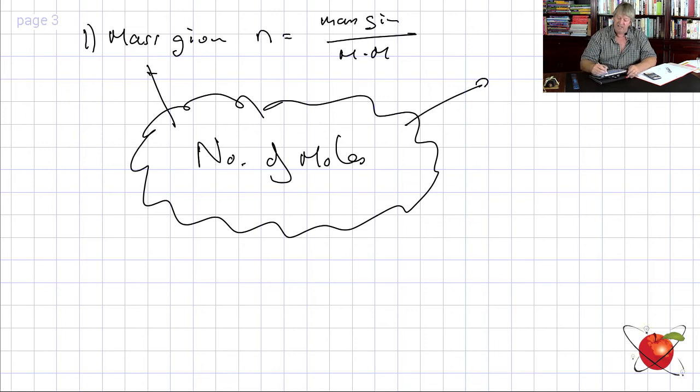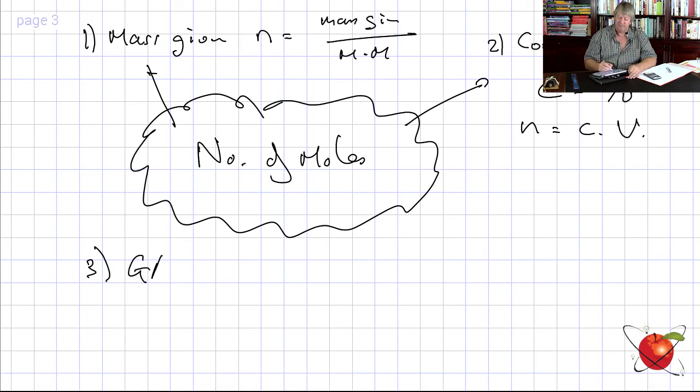The second way is if we've got concentration. Concentration is n over V, number of moles over the volume. Therefore, number of moles is concentration times volume. The third way is a gas at STP.